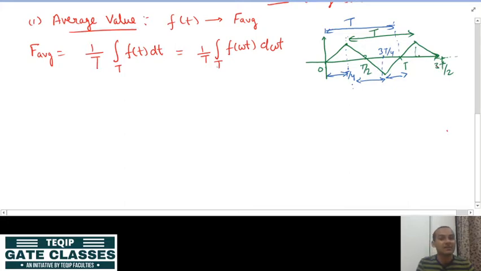So, that is why I have written this integration over one time period, because we choose such a time period so that we have to break the function less in order to reduce our calculation burden.